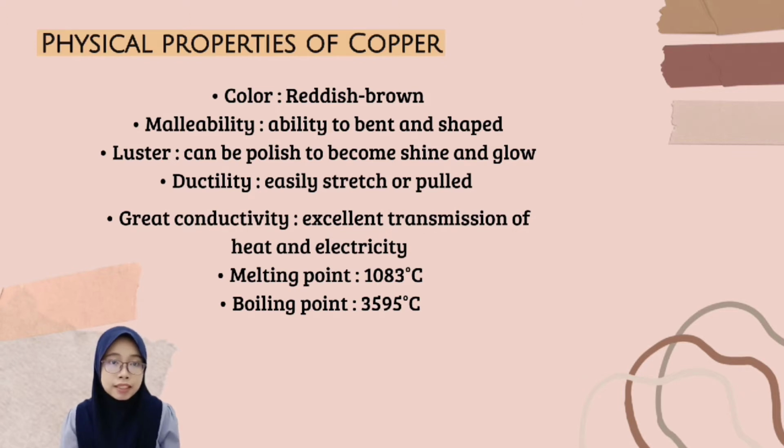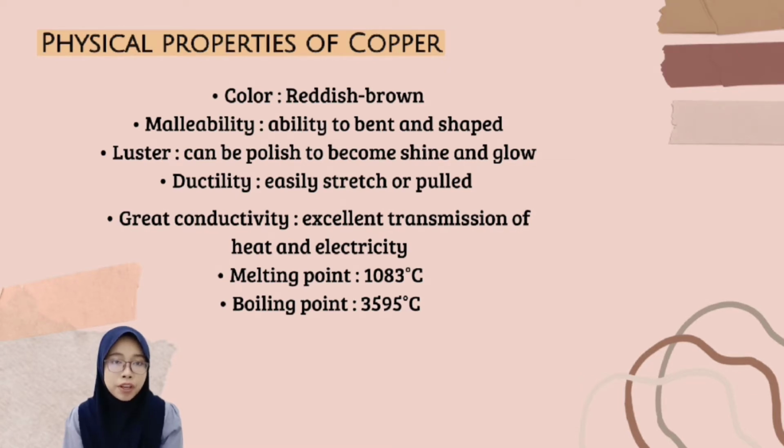The ductility of this element makes it easy to stretch or pull into a thin wire. We already know that copper has a great conductivity of electricity and heat. It has an excellent transmission of heat and electricity.